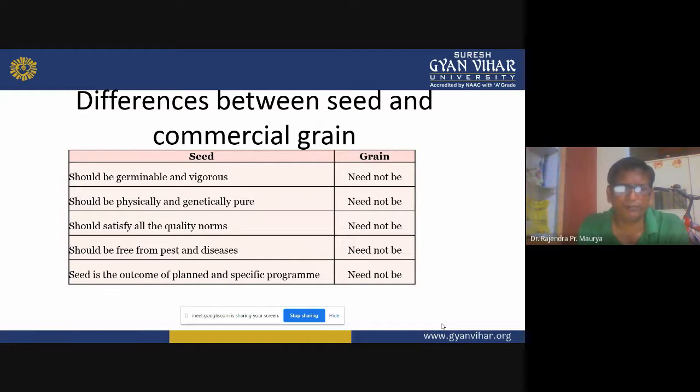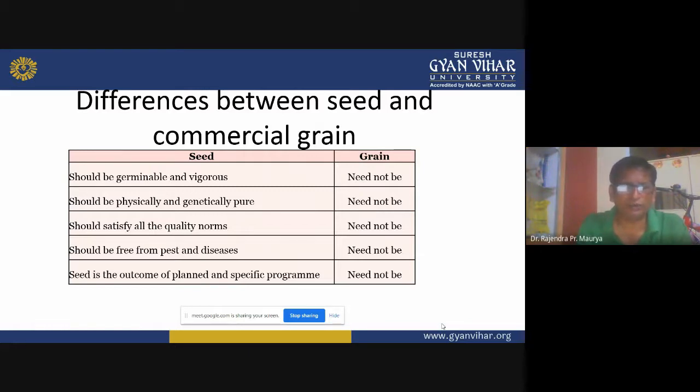Physical purity means no sand particles, no dirt, no broken seeds, no weed seeds, no gravels, etc. And in terms of genetic purity, I mean there is no mixture of other varieties' seed in it. But in the case of grain, it is not necessary.